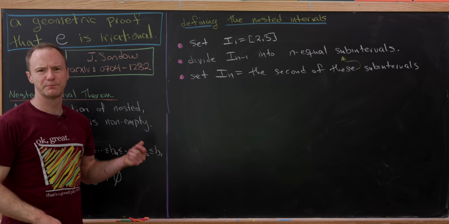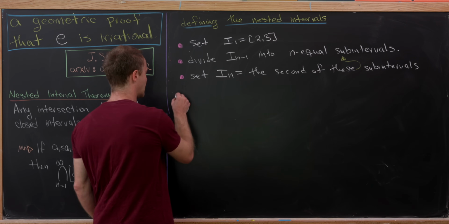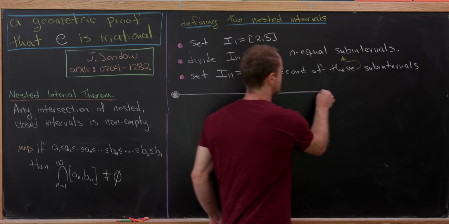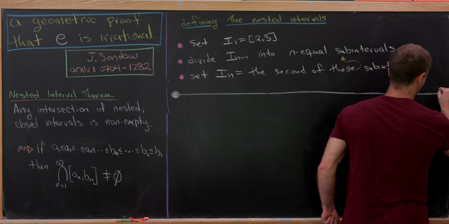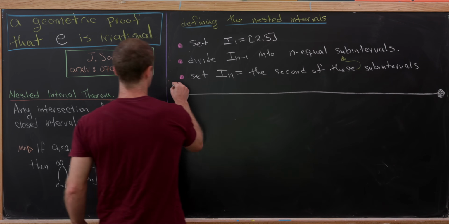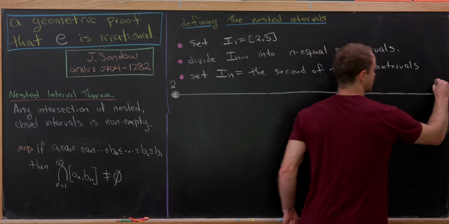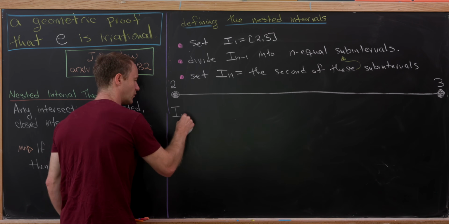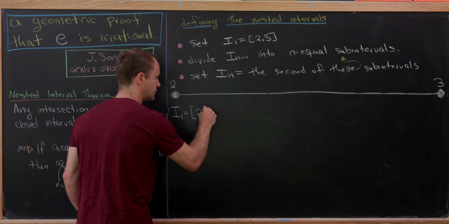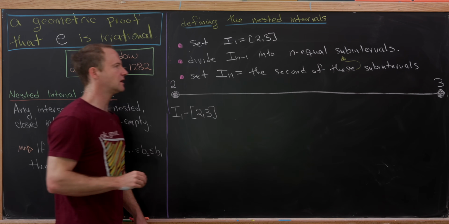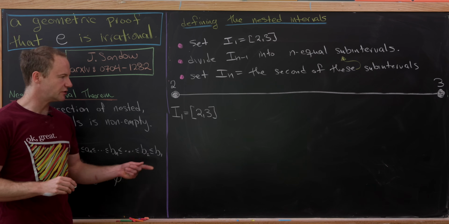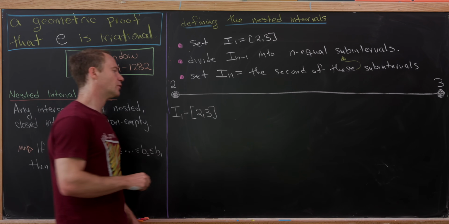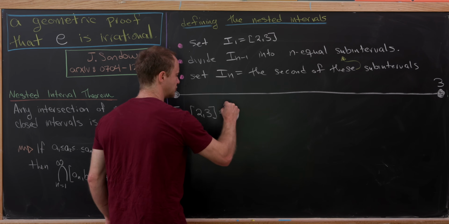Okay, so let's make a little picture of what's going on, as well as a calculation of some of these subintervals. So let's get a picture of I sub 1 on the board, in other words, the interval from 2 to 3. Then let's also write it down here. I sub 1 is equal to the interval from 2 to 3. And then since we construct I sub 2 by splitting this into 2 equal subintervals and taking the second, we probably want to get a denominator of 2 in here.